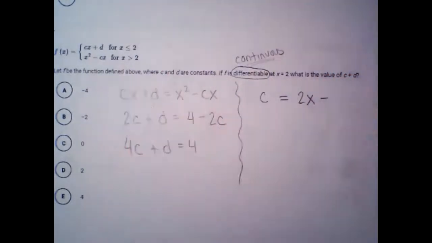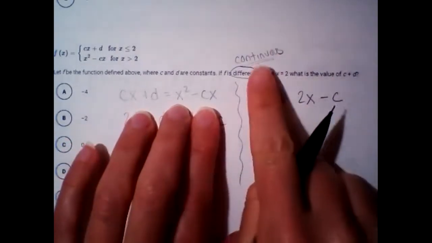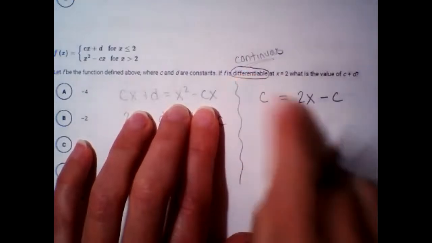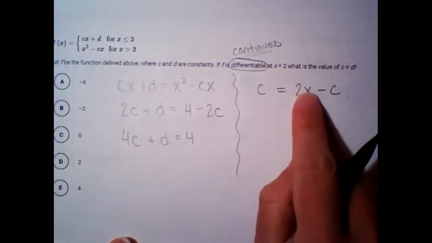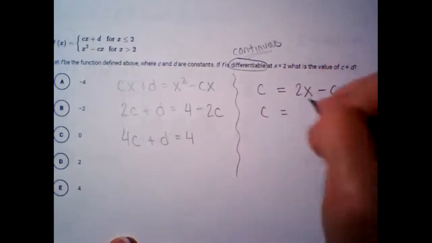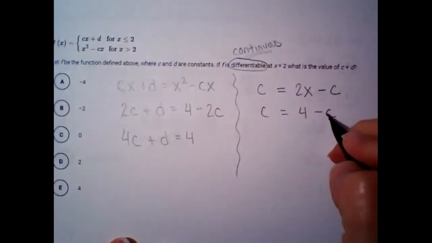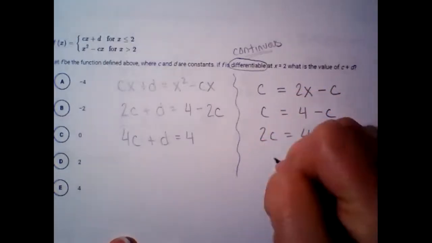minus c. So here I just set the functions equal because we're going to be continuous. Here I set the derivatives equal because we're differentiable. And again, this is at x equals 2. So I'm going to plug in 2 for x here, and that will give me 4 minus c. And then if I add this c over, I will have 2c equals 4.